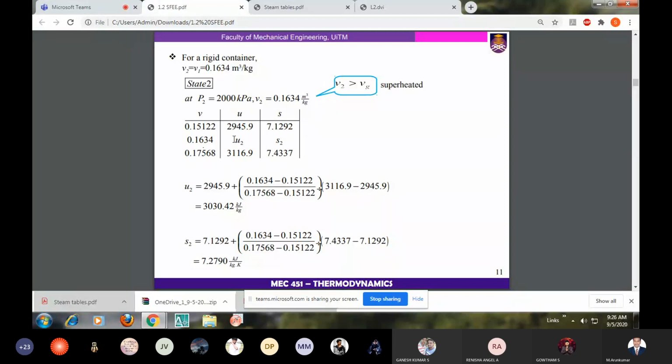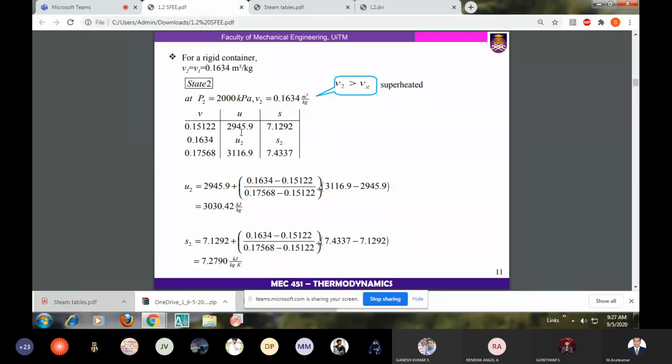So this is another example to interpolate using the interpolation formula in the steam tables, right? In the steam tables there is no value available for this specific volume. The 0.1634 value is not available in the table. We can take the previous value and the next value to solve these properties. If you want U2, we can take this interpolation method.